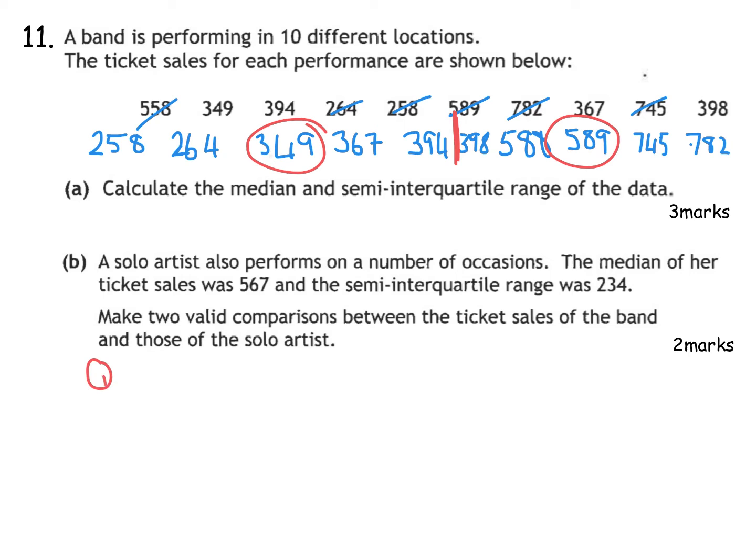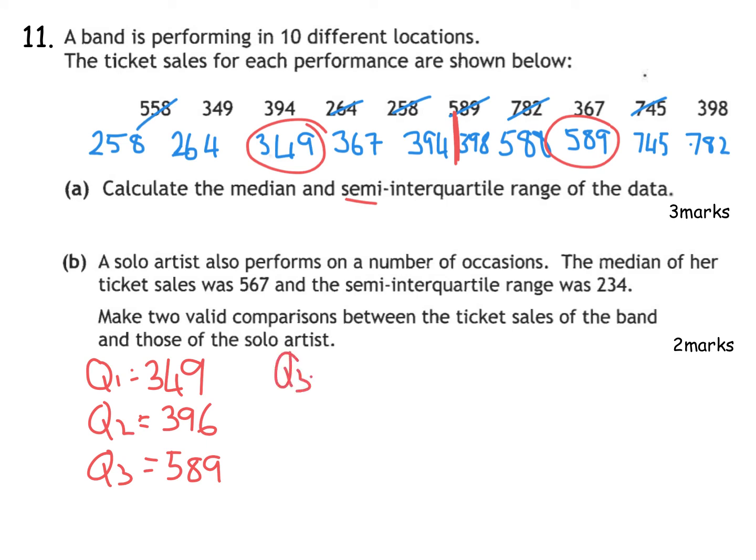So my Q1 is 349. My Q2, which is my median, is between 394 and 398, so 396. And then my Q3 is 589. And the semi-interquartile range does exactly what it says on the tin. Semi means half. Range is highest take away lowest.